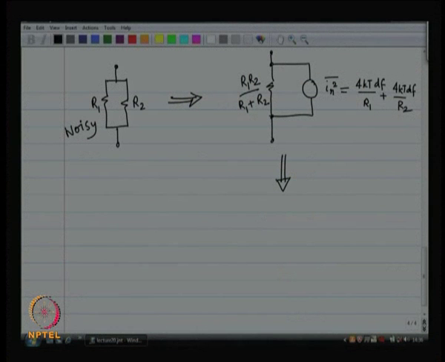So, if I transform this current source into its Thevenin equivalent, then what I am going to get is this resistance R1 R2 by R1 plus R2 in series with a voltage source, where Vn squared is equal to In squared times the square of the resistance.